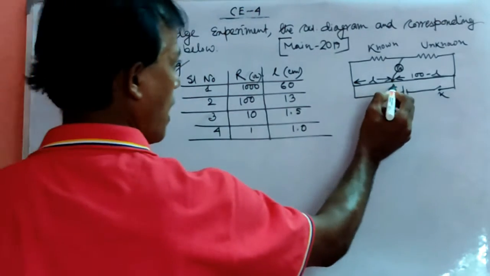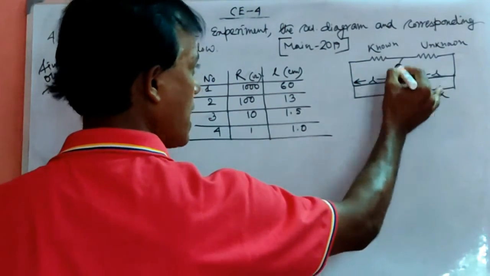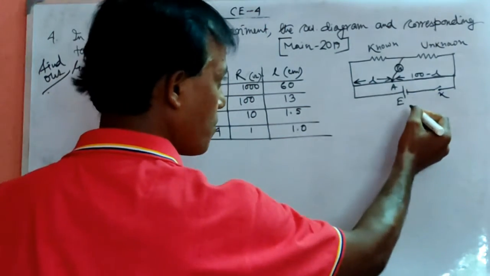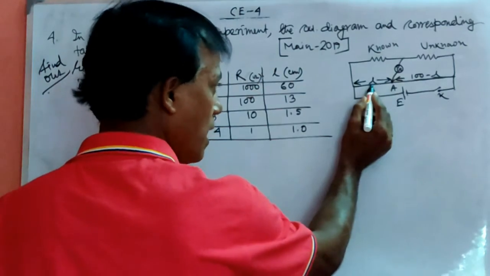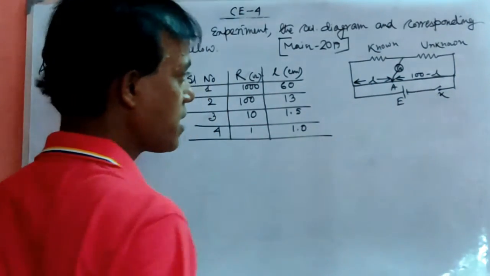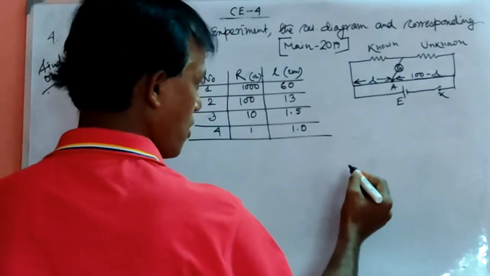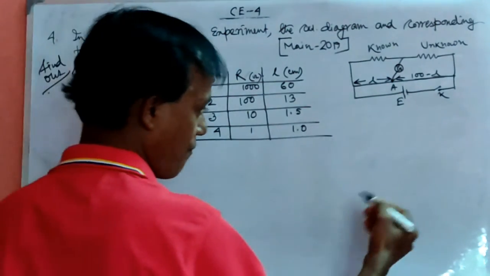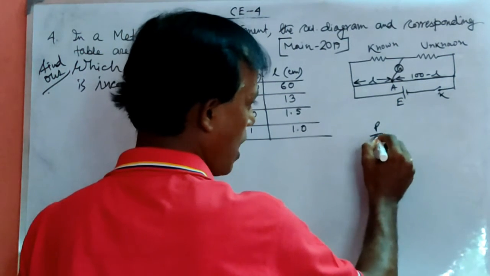So if we put the jockey at that point and the bridge reaches the null point condition, if this length is L, this must be 100 minus L, and in null point condition, as we said in the previous tutorial, P by Q is equal to R by S.